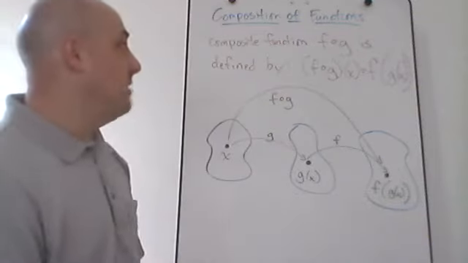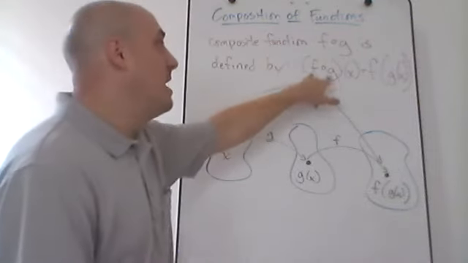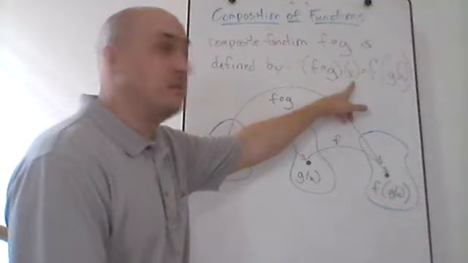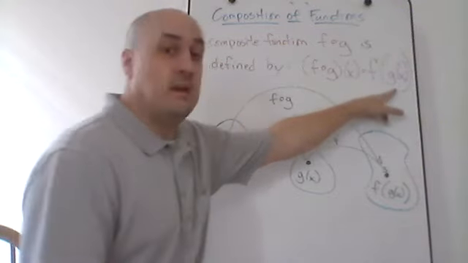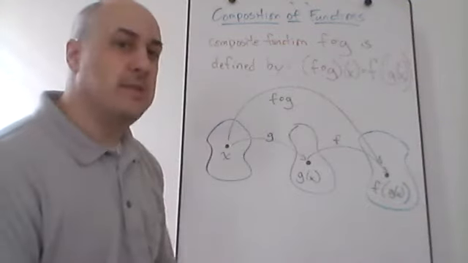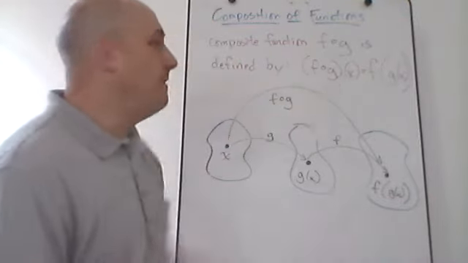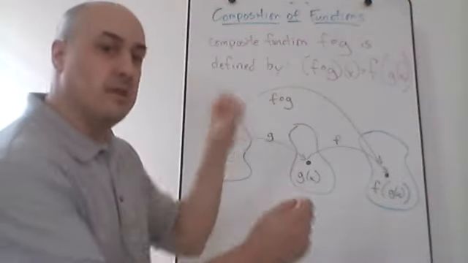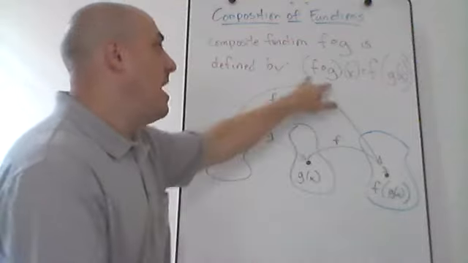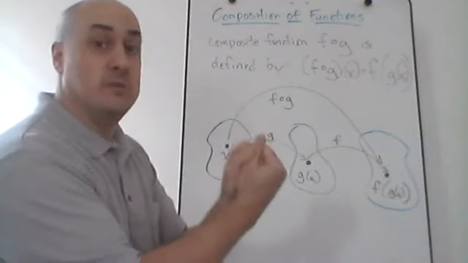The composite function f of g is defined by (f of g)(x) equals f of g of x. As we can see, these two notations mean the same thing. There are two separate functions there, the f function and the g function, and f of g combines them together into a single function.